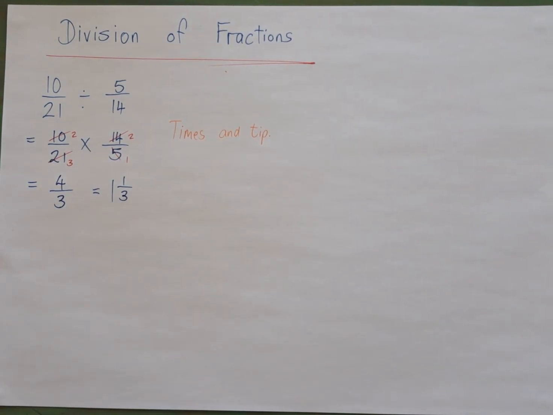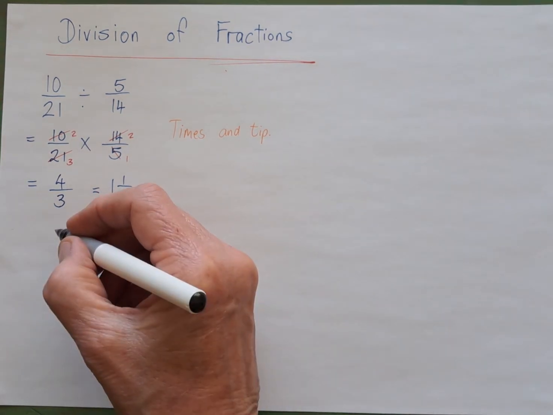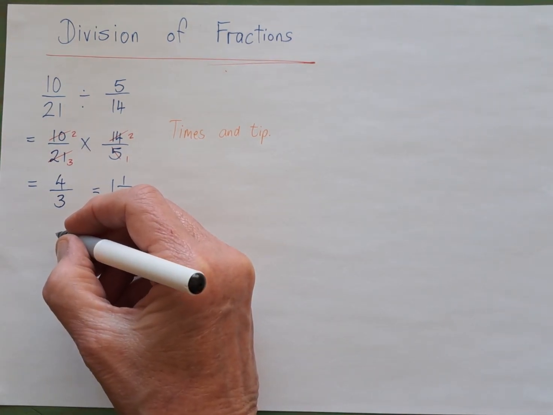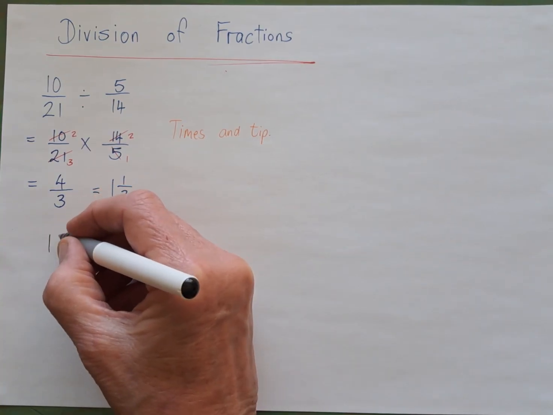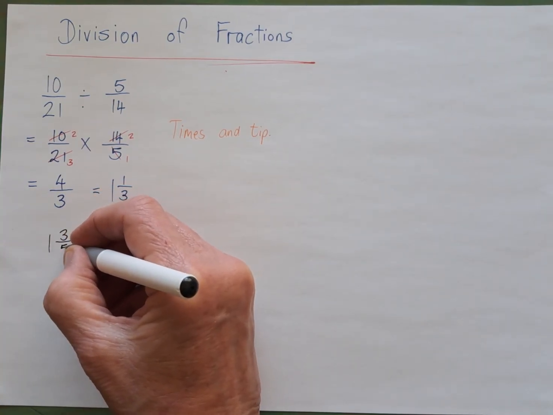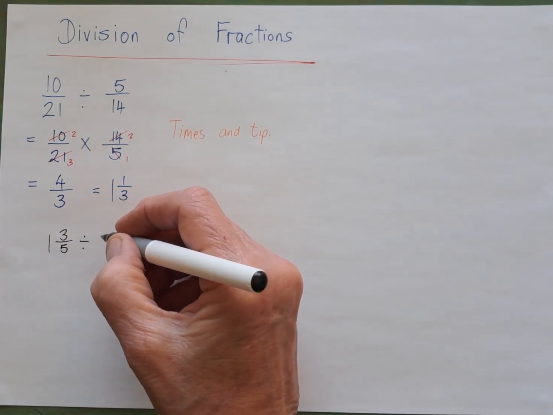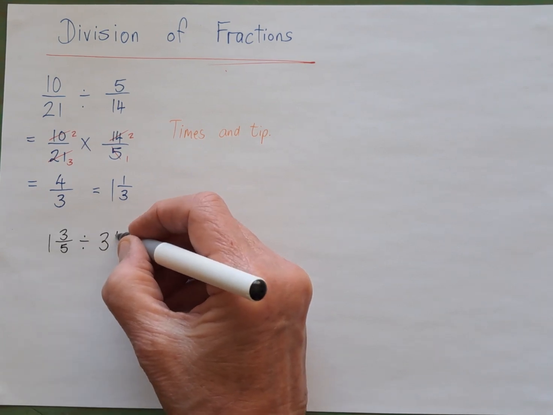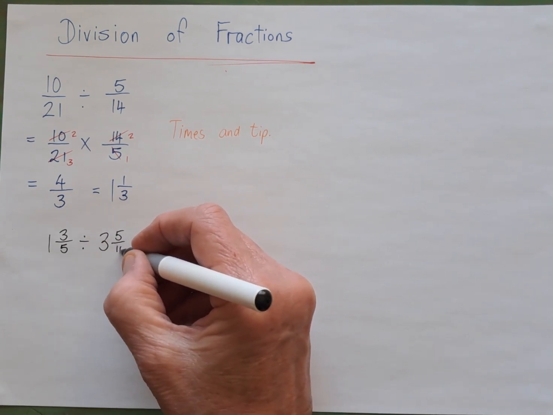Right, let's have a look at an example where we have mixed numbers. So we're going to look at 1 3/5 divided by 3 5/10.